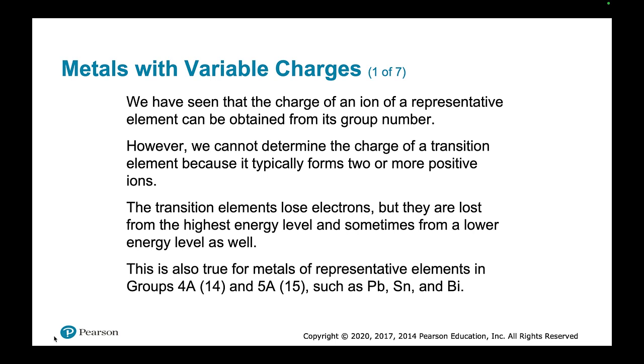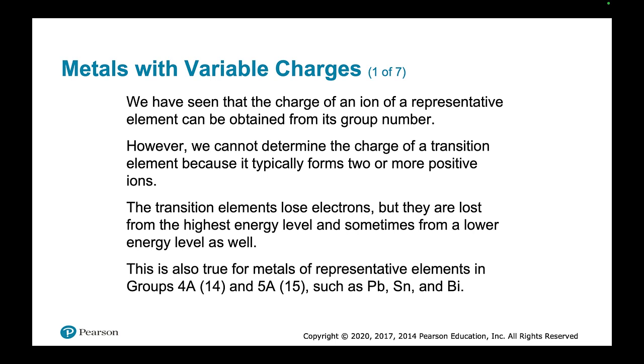Those are transition metals, and we said we can't use the octet rule to help us with transition elements. Usually these elements can form 2 or more positive ions, and transition elements lose electrons, but they're lost from the highest energy level, but sometimes from a lower energy level as well. Remember I said once you get past group 3, you get into extra orbitals and things like that, and so things get much more complicated.